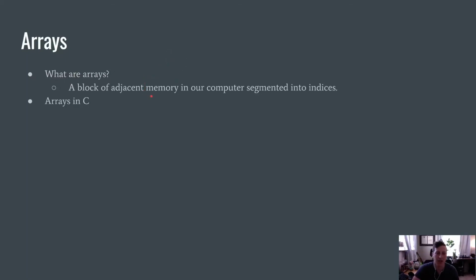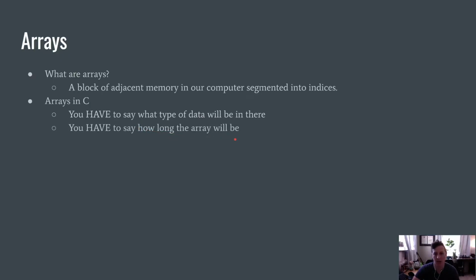So if I'm programming in C, there are a few extra things that I have to do that I don't necessarily have to do if I'm programming in Ruby or Python. For example, I have to specify what type of data will be inside of the array. And I have to specify how long the array will be.